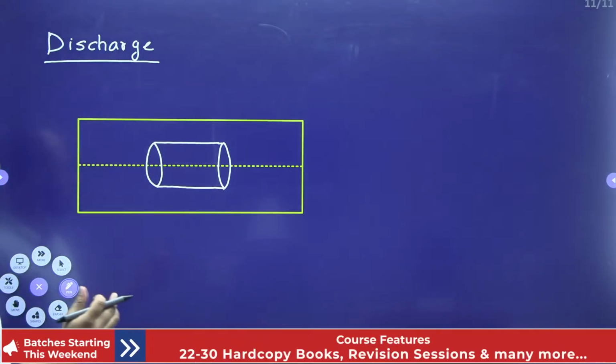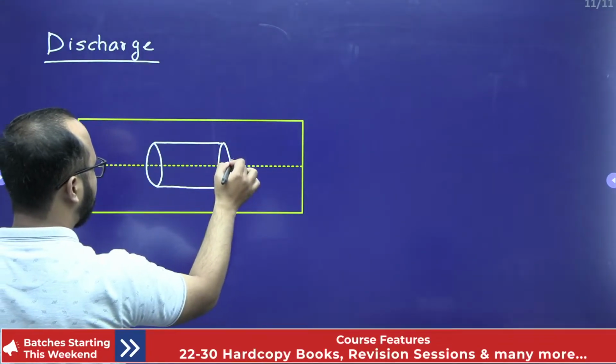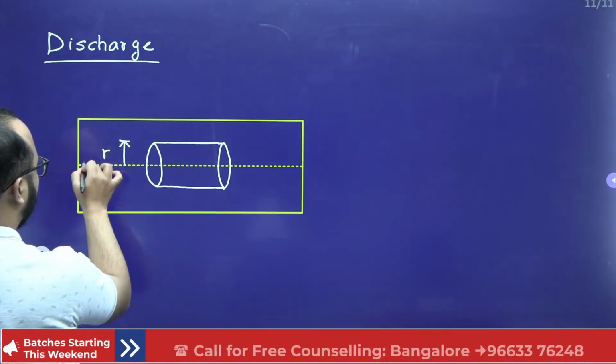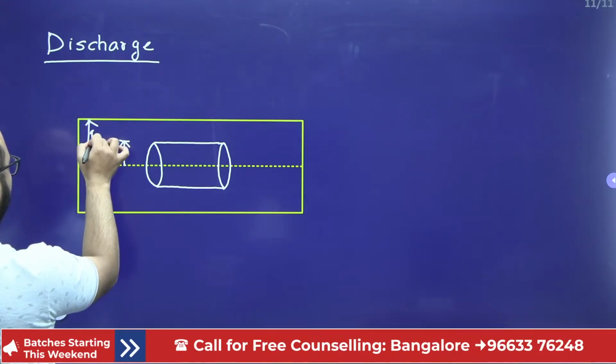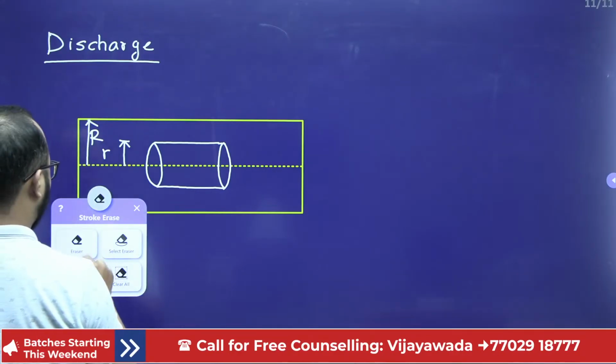So let's suppose this is our fluid element, right? Again, the same thing we will assume. This is small r, this is capital R. Better we write it outside here.